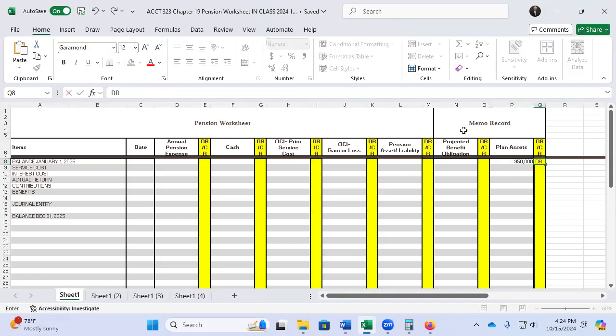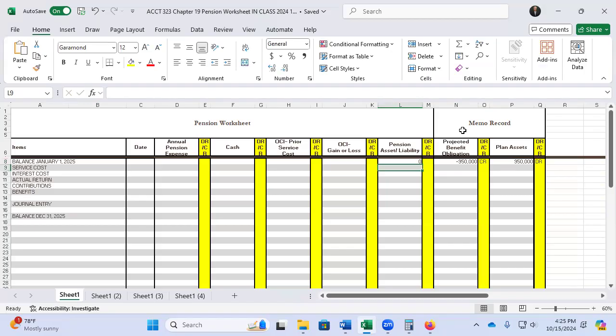That's a debit because it's an asset. Our projected benefit obligation is 950,000, and that's a credit. I usually put those in as a negative. Our pension asset or liability is the difference between those, so add them together and we have no net pension liability.